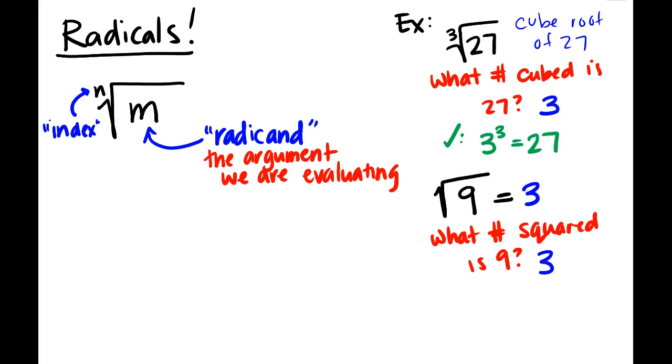One thing I wanted to mention about this is you can always keep in mind that there is an invisible 2 hanging out on the outside of this radical. With the square roots, and any of the even roots actually, we are specifically talking about the principal square root.